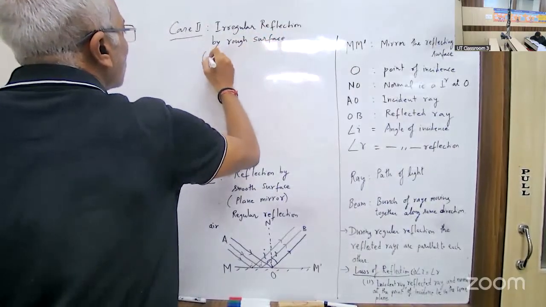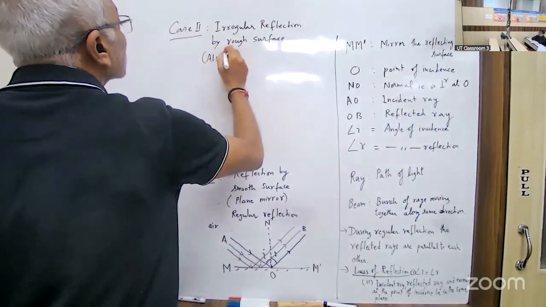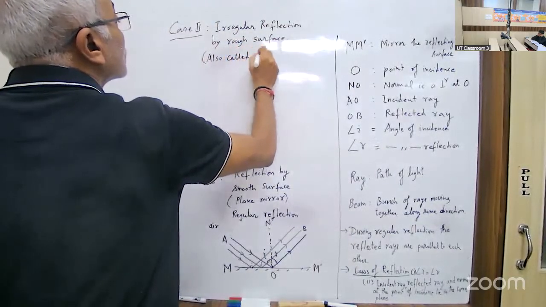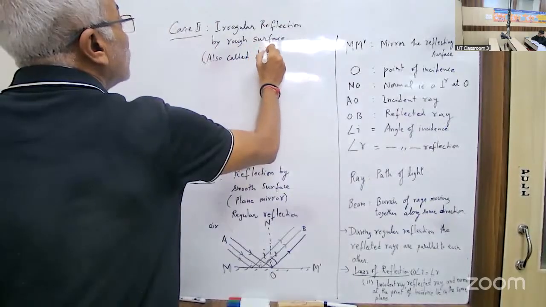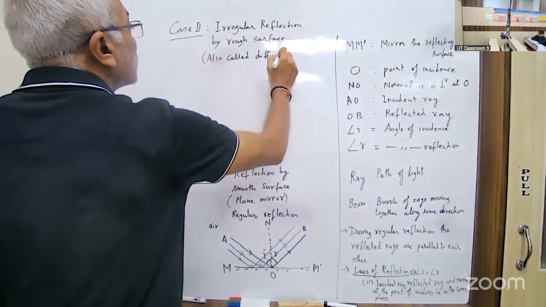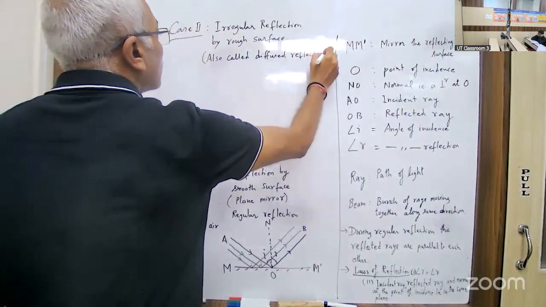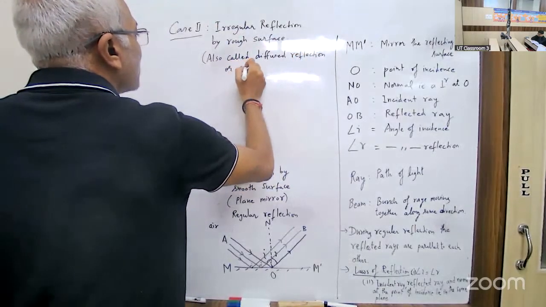It is also called diffused reflection or scattering of light.